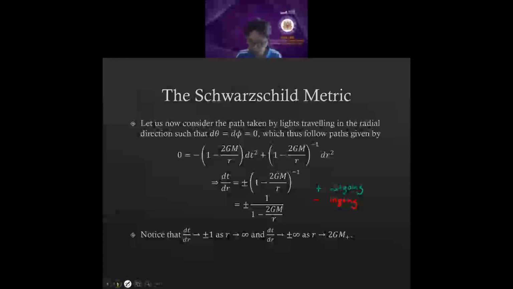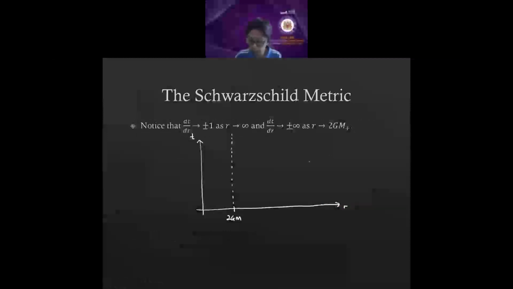And if we try to draw the path of light, consider somewhere here, the path of light is going to look something like this. The outgoing light is going to follow this path.